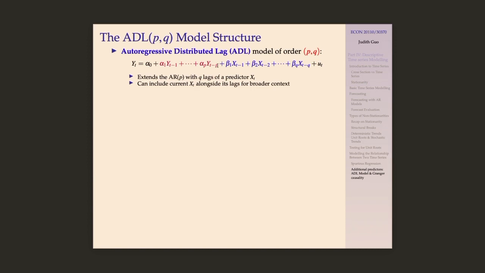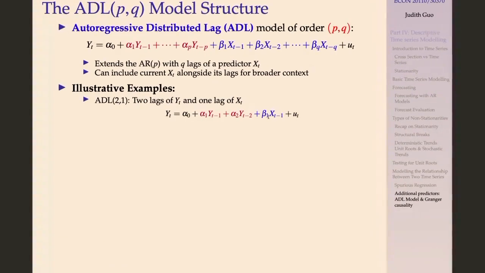So including or excluding X_t doesn't matter for whether the model counts as an ADL(p,q) or not. So some examples. An ADL(2,1) basically means we have 2 lags of Y and 1 lag of X. Okay? So we have Y_{t-1} and Y_{t-2}, and we also have X_{t-1} on the right-hand side.